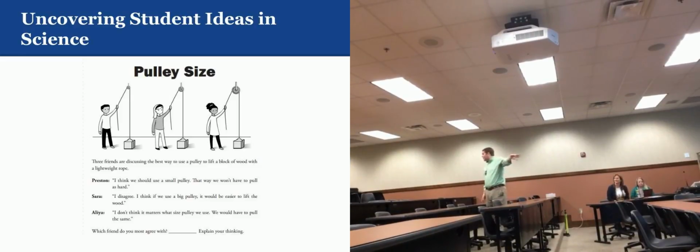I don't know that I would throw it up on the big screen, because you never know what they're going to type in there. But let's look. One of the responses is Joe Bob, Dr. Barnes' student, who says that Sarah is correct because less effort, more distance.